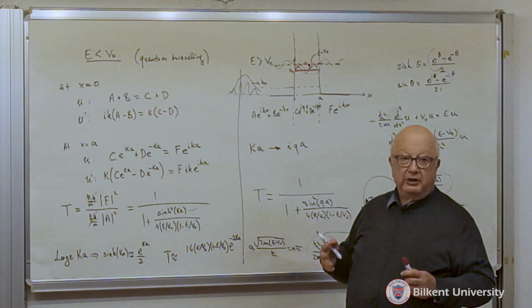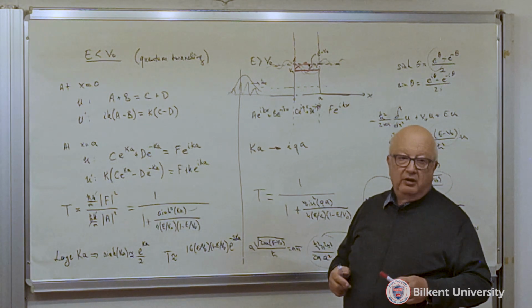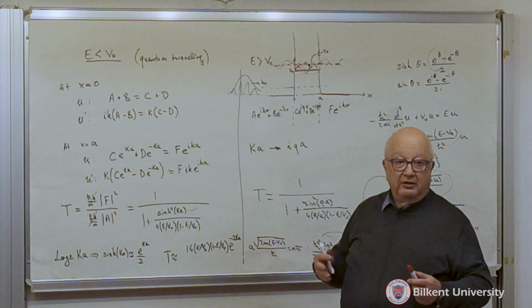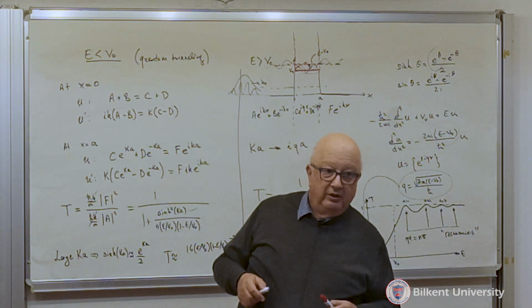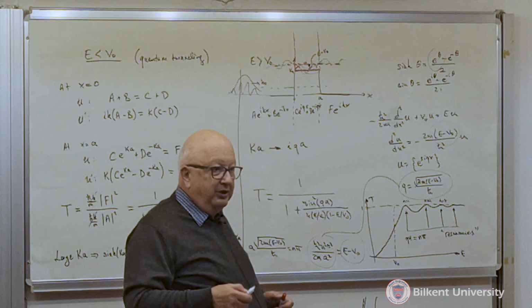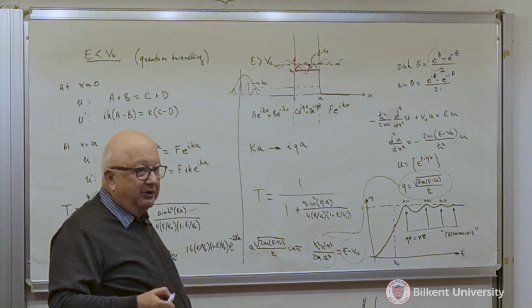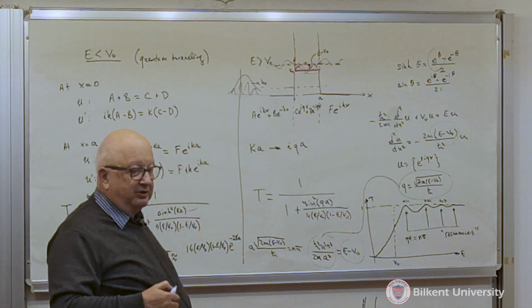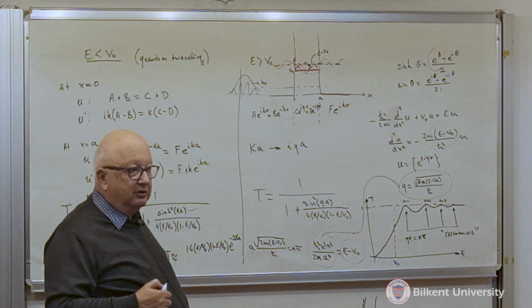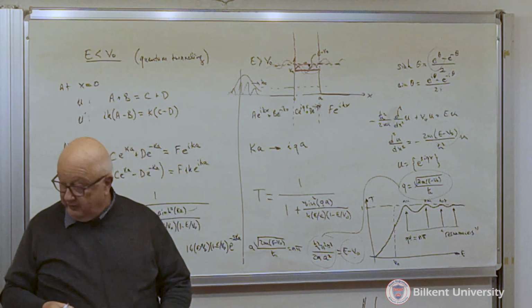You can do that numerically at least, and of course, it will depend on the wavelength and all types of things. But just in case you hear this someplace, tunneling is not an immediate effect.